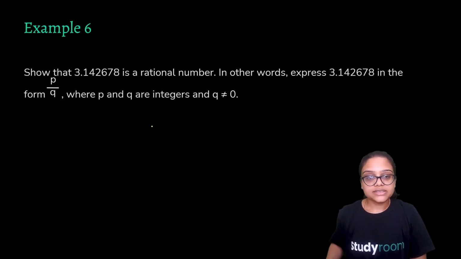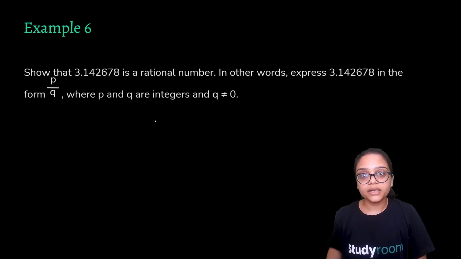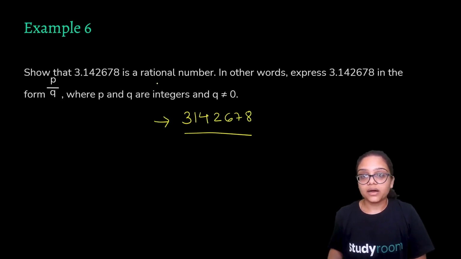Now the question says that you need to express this as a rational number. You might be worried about how to express such a big number, but let me give you a hint, a short form. Just write the number as it is. Whenever there is a decimal and you are asked to represent it as a rational number, you simply write the number without the decimal point and count the number of digits after the decimal.